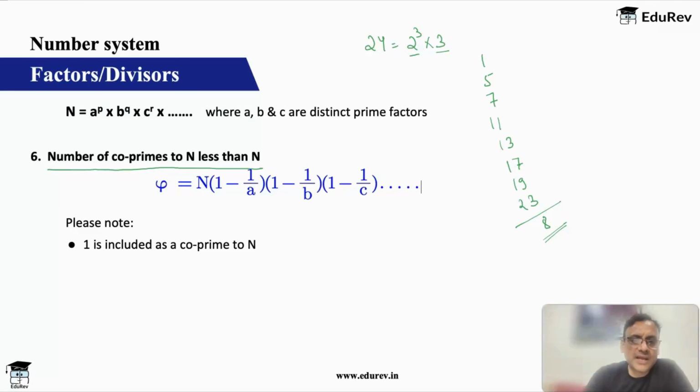Formula wise, what is the logic? Let's understand. Let me list down all the numbers from 1 to 24.